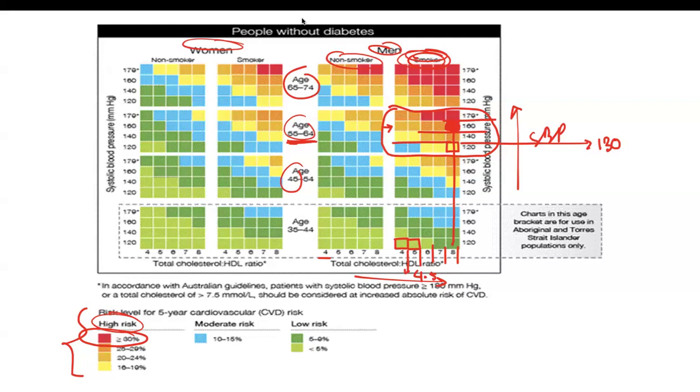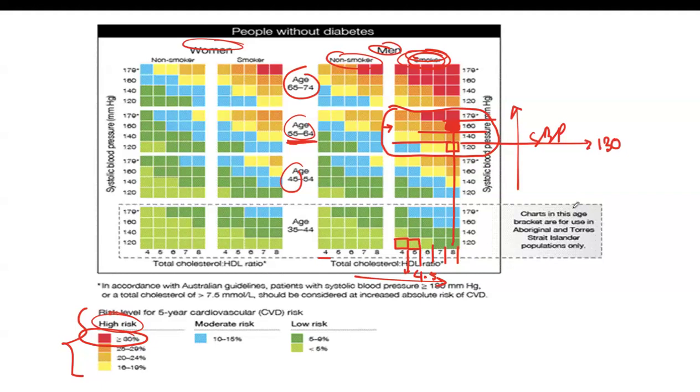In the chart, it is based on men and women, smoker, non-smoker, diabetes, without diabetes. And then we mainly take account of your top blood pressure and your cholesterol ratio.